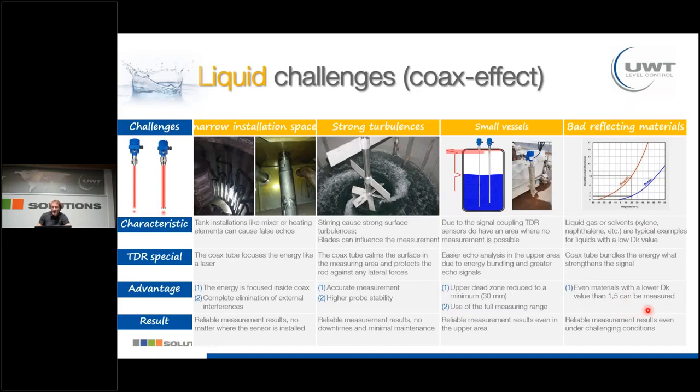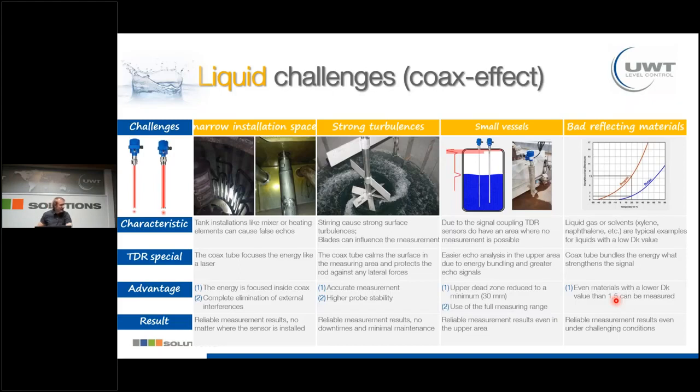We can also measure media with decay values lower than 1.5 by using this coaxial probe. So there are many advantages when we use this coax probe, and with this type of probe you will get the most accurate and most reliable results that you can have with TDR sensors or radar sensors.